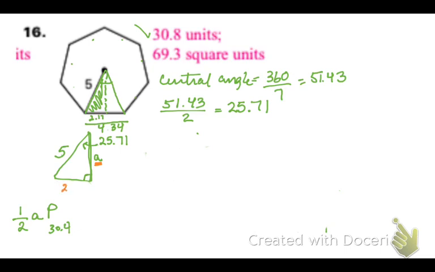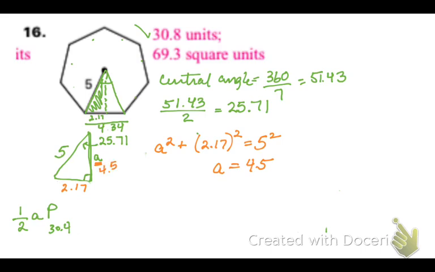Even teachers get messed up, as you guys well know. So in order to find a, all we have to do is use good old Pythagoras. So a squared plus 2.17 squared is going to be equal to 5 squared, which is 25. Long story short, you do the math, and you come up with a equal to 4.5. So my apothem is equal to 4.5.